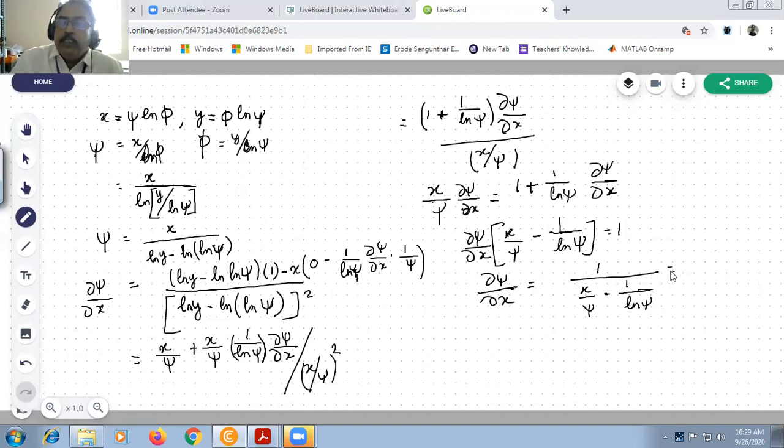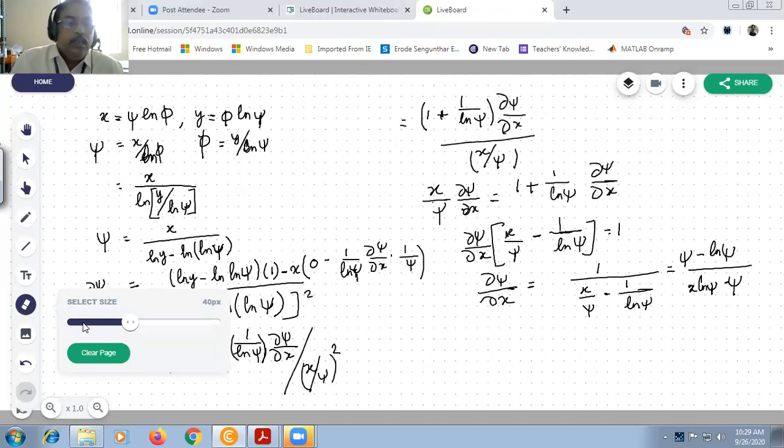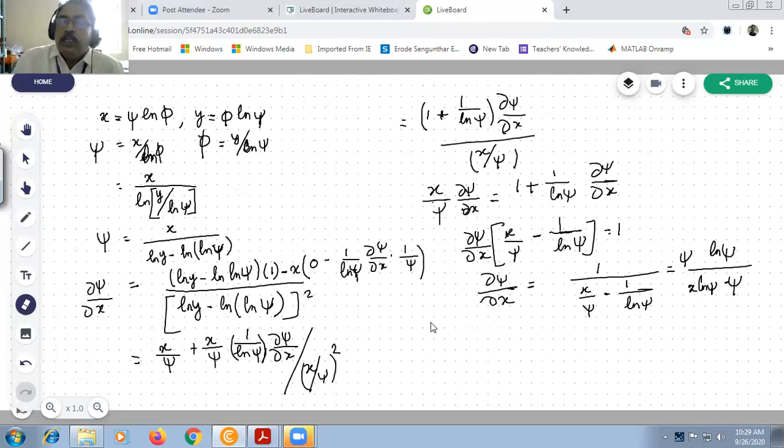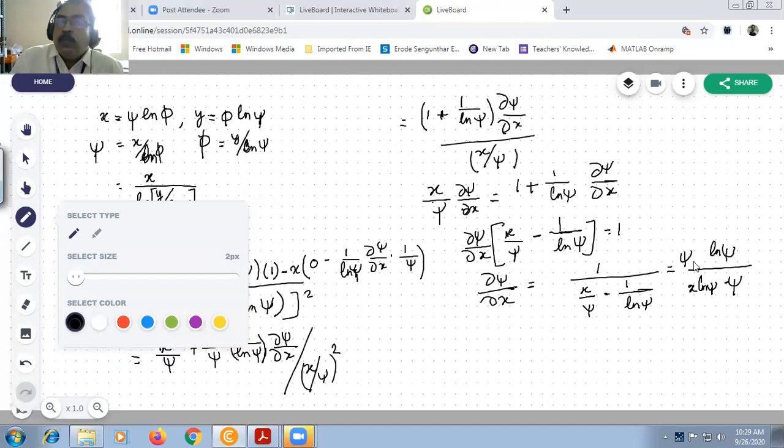So we can take it like this. Common multiplier psi ln psi, divided by x ln psi minus psi. Psi ln psi is common.